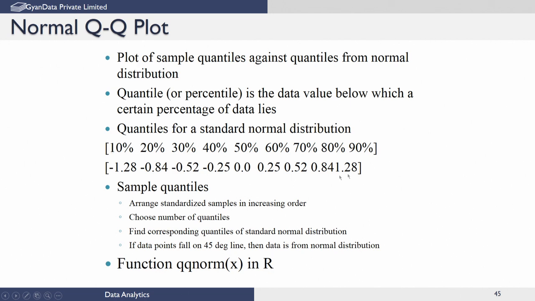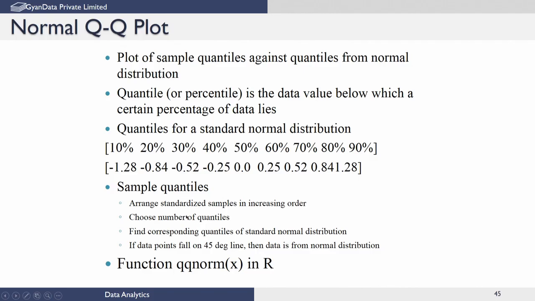We have computed this, and we can plot it against the standard normal values, where the probability between minus infinity and the value is 10%, and then 20%, and so on. Those represent the x values corresponding to these probabilities, and we can plot them. Remember, of course, that before computing these quantiles we have arranged the data.